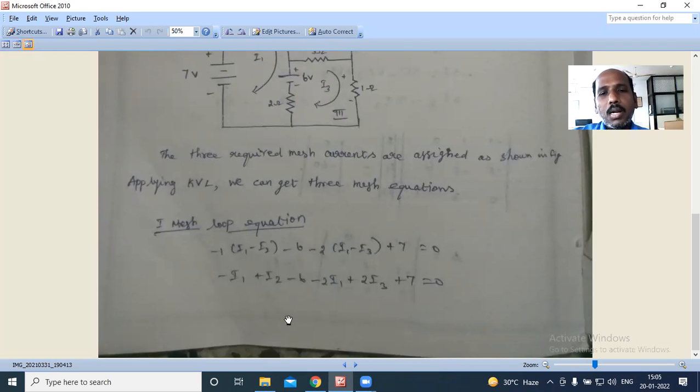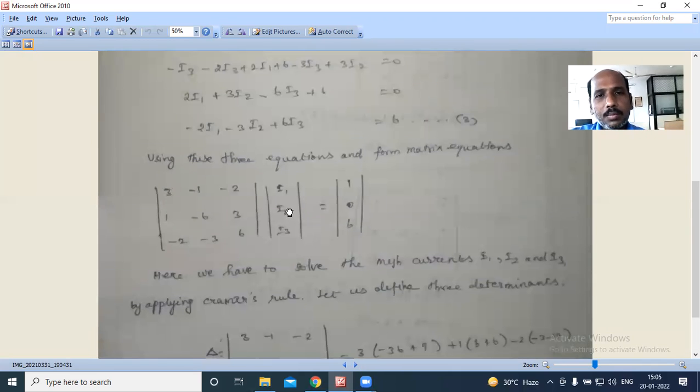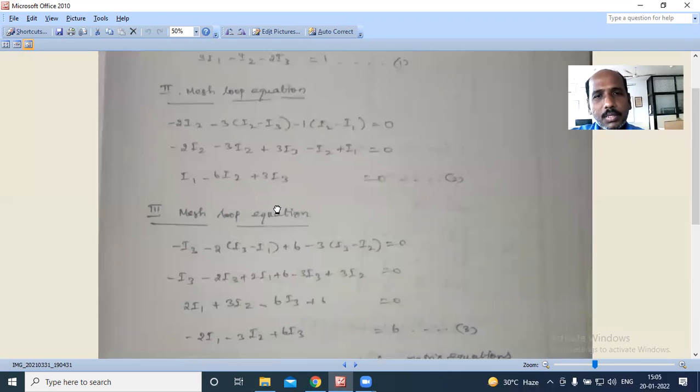Then you add all the I1 on one side. You add all the I1, then all the I2, then I3. First -I1, here -2 I1, so totally -3 I1.